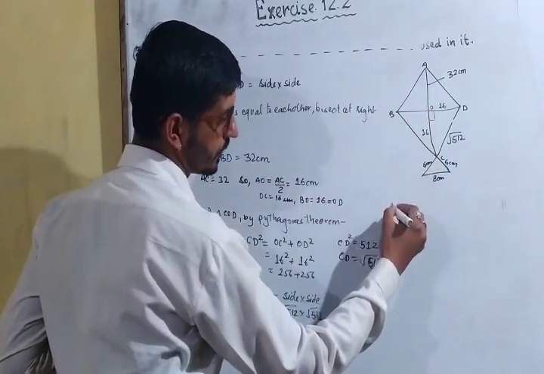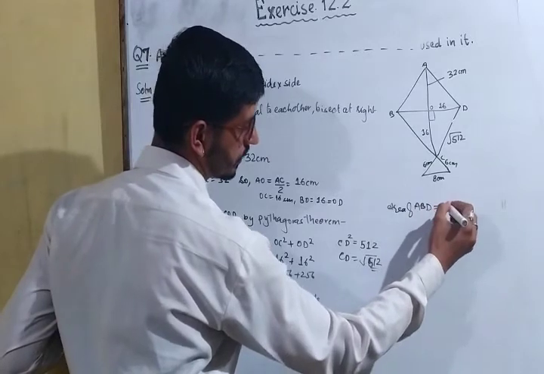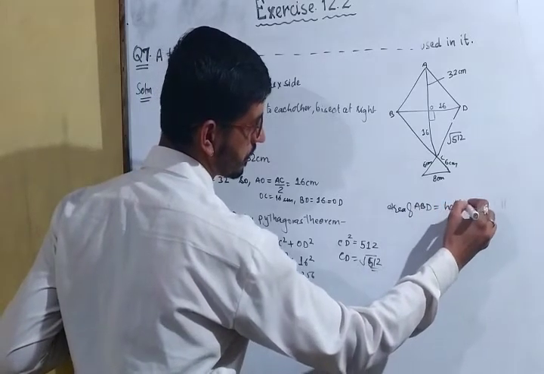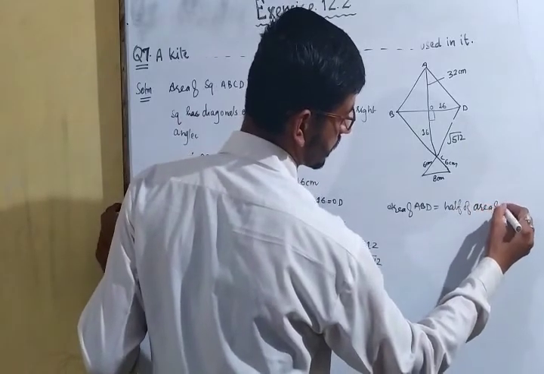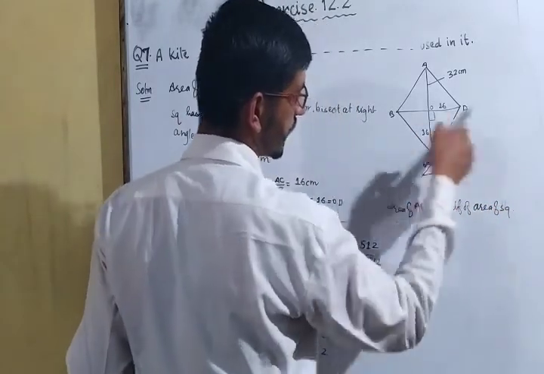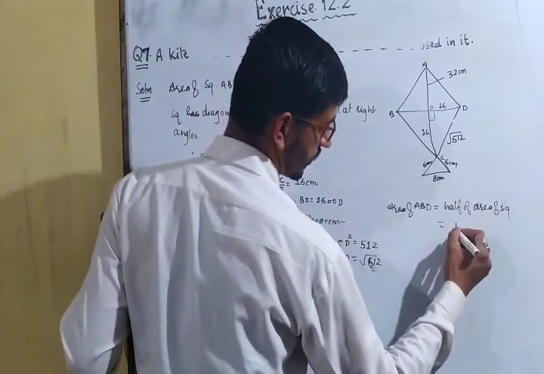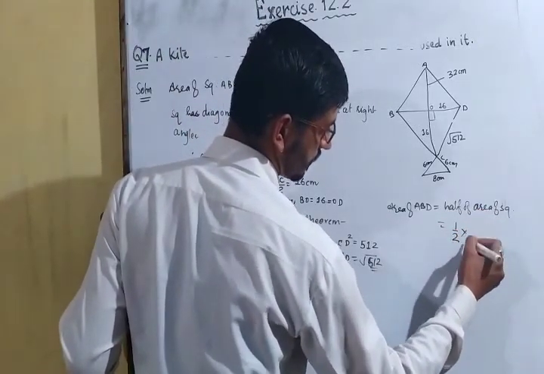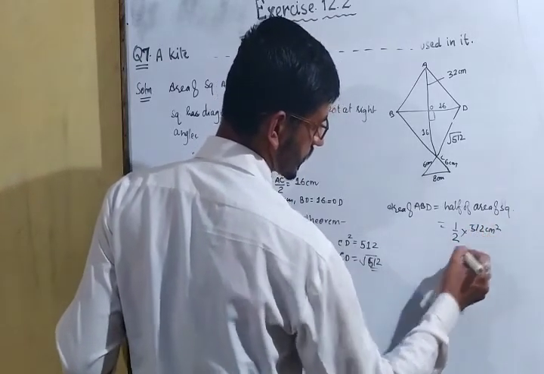ABD? The area of ABD is equal to half of the area of the square, because it is half of the area of a square. Half means 1/2, of means multiply, and the area of the square is 512 centimeter square.